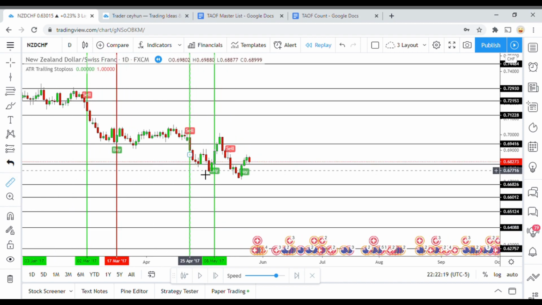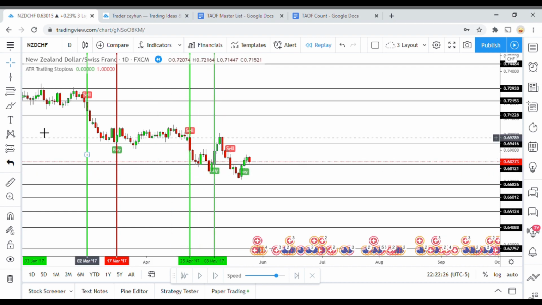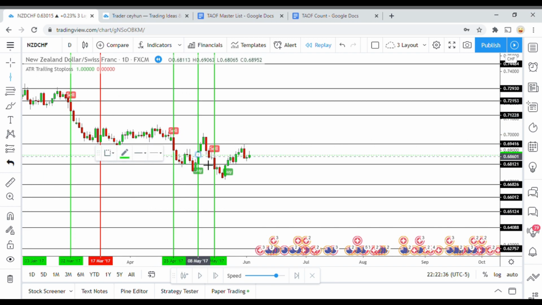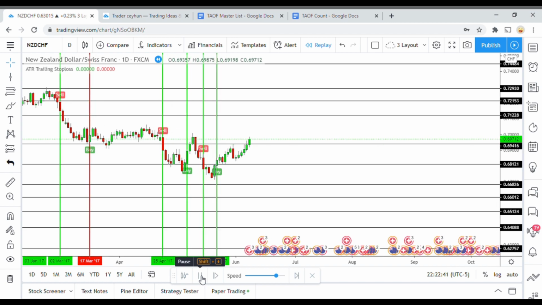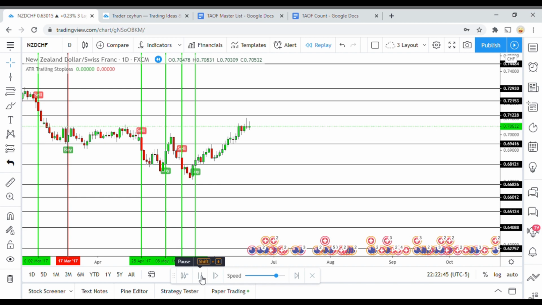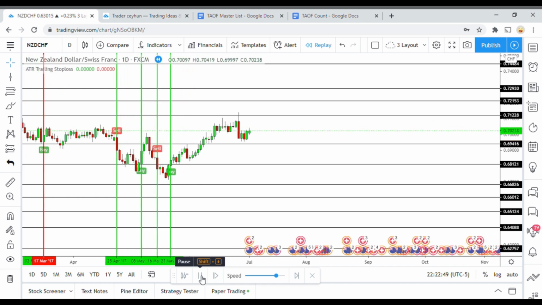So this indicator might be on to something. Just keep playing them out here for a little bit. Don't want this video to get too long on us, so we'll just keep on plugging along here, keeping an eye on price action, see what it's doing.